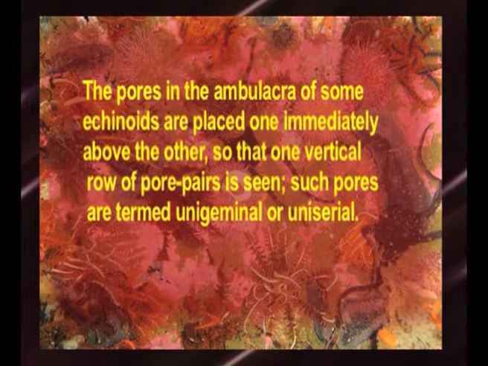The pores in the ambulacra of some echinoids are placed one immediately above the other, so that one vertical row of pore pairs is seen. Such pores are termed unigeminal or uniserial. In other cases, the pore pairs are alternately near to and more distant from the margin of the ambulacral plate, and consequently 2 vertical rows are formed.